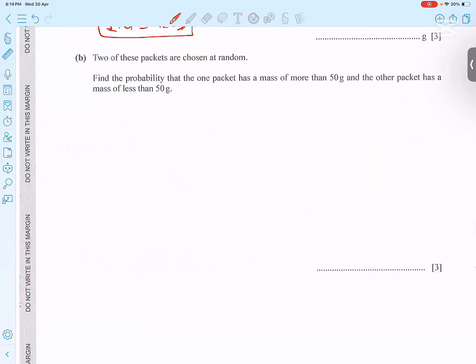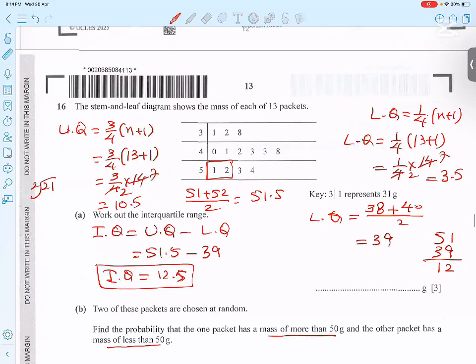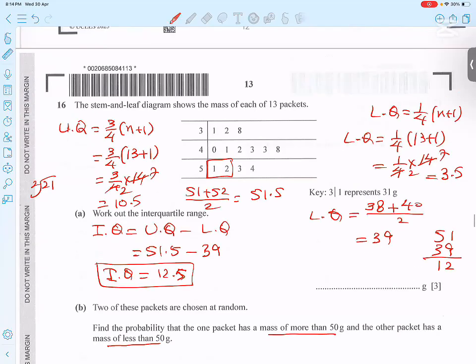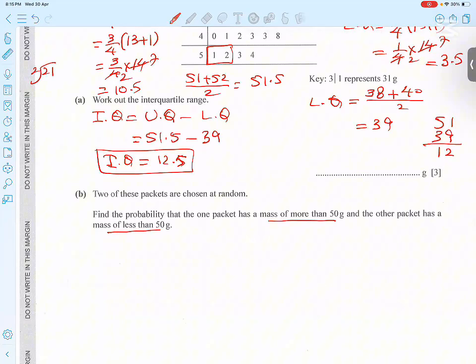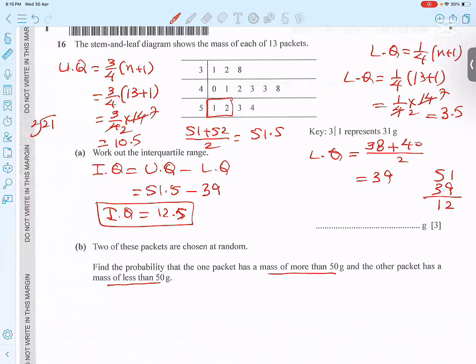Two of these packets are chosen. Find the probability that one packet has a mass more than 50 and the other has a mass less than 50. So it is connected to that, okay. How many are more than 50? More than 50 are these.